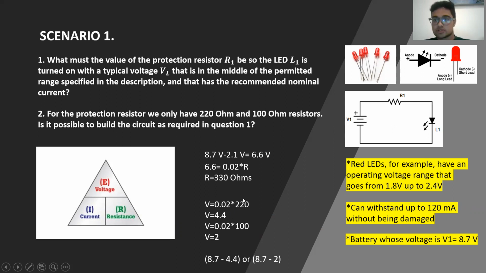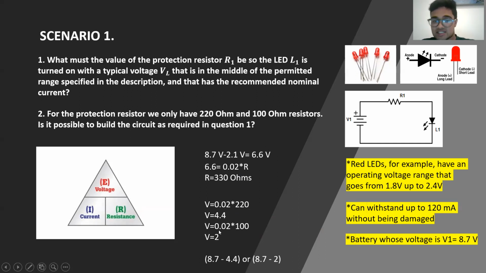So we also used Ohm's law and replaced the values. Voltage equals 0.02, that is the current, times 220, that is one type of resistor they can give us. So we have 4.4 volts, and we also did it for the 100 ohm resistor: 0.02 times 100 equals 2 volts.